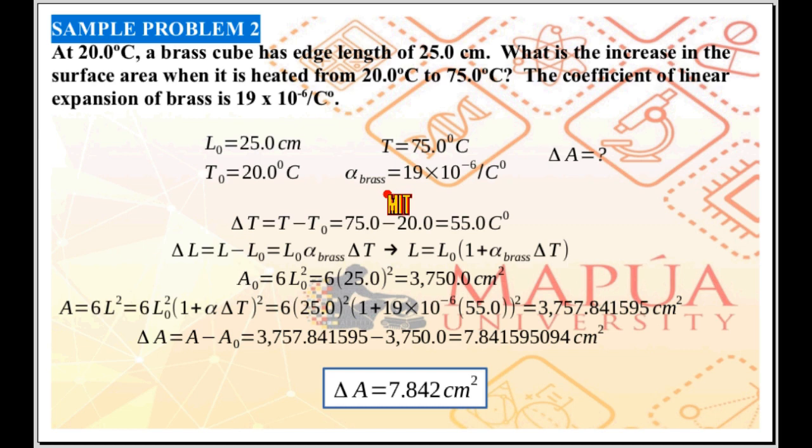Sigma is just 2 alpha, so sigma brass is just 2 times alpha brass. We are able to get the delta A, which will give you basically the same answer, 7.842 centimeter squared.